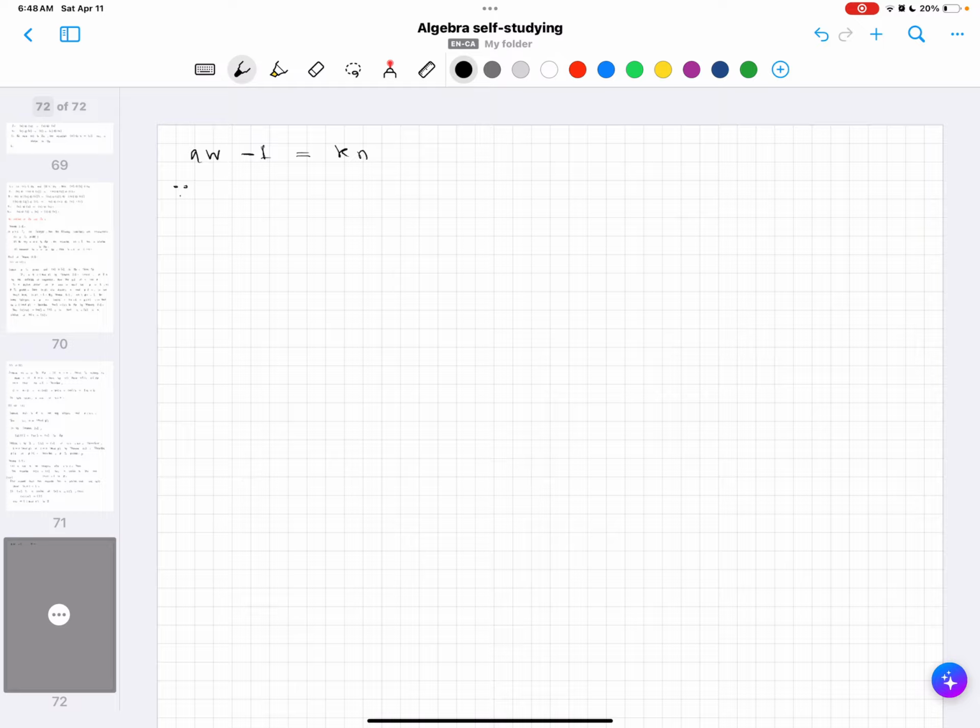Therefore, a times w plus n times minus k is equal to 1.